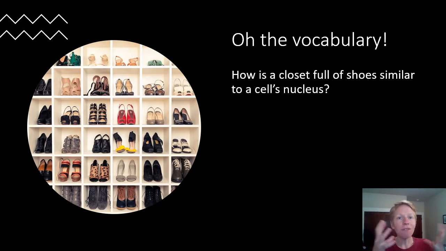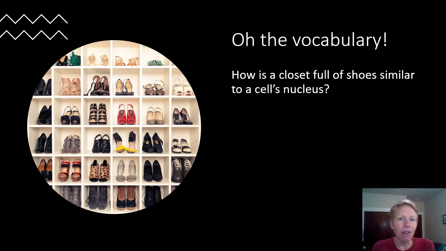So when we have two copies or two full sets of chromosomes, when we have the right foot and the left foot for each shoe, we call those cells diploid. The DI refers to two. So diploid cells for humans have 46 chromosomes in them, or two sets of 23 homologous chromosomes.